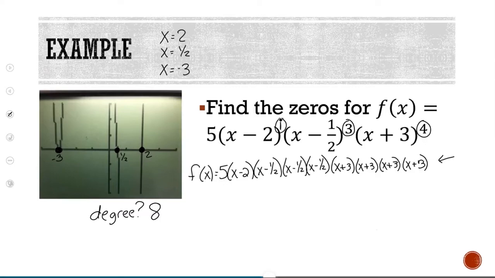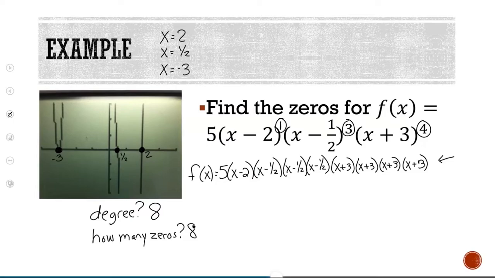All right, so for how many zeros, I'm supposed to have 8. Remember that the degree and the number of zeros are supposed to be equal. So do I have 8 zeros? Yes, but I've got some duplicates.